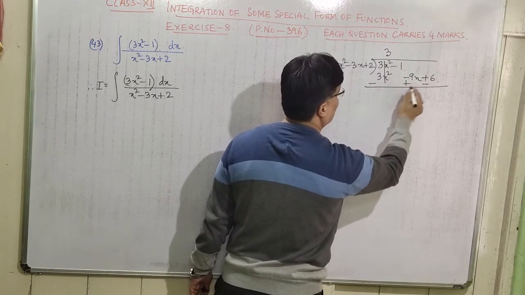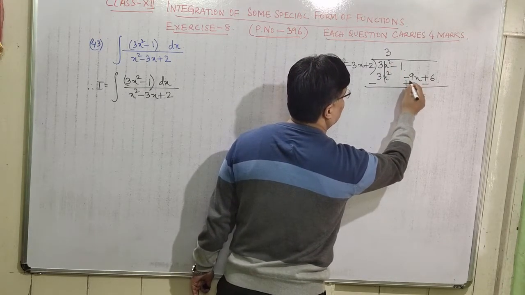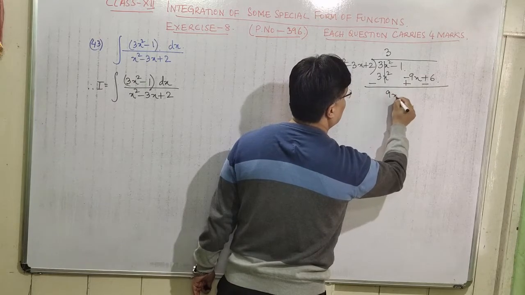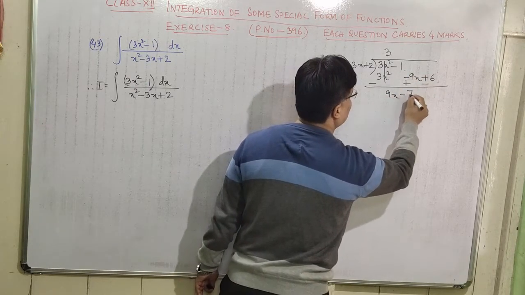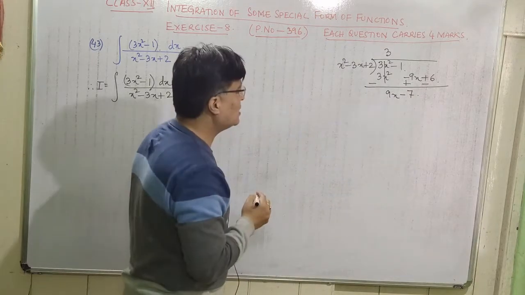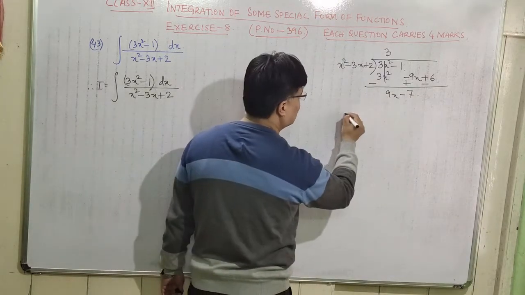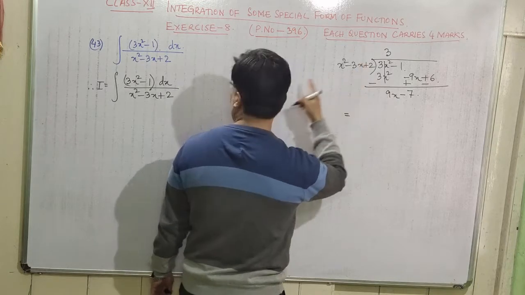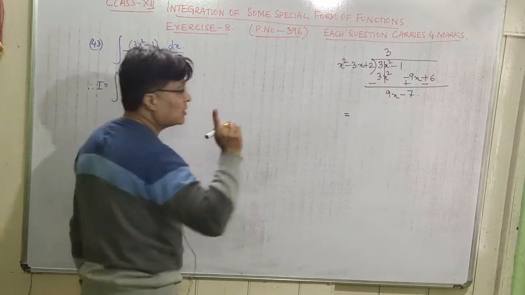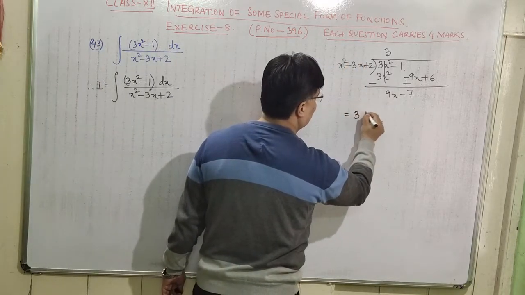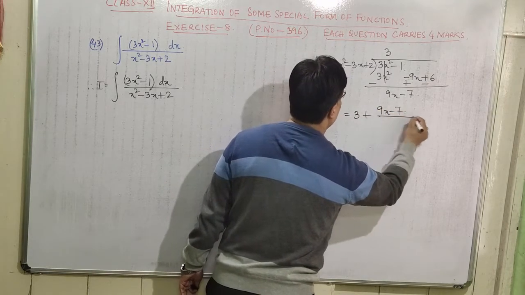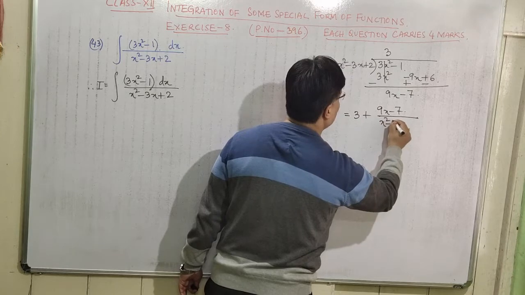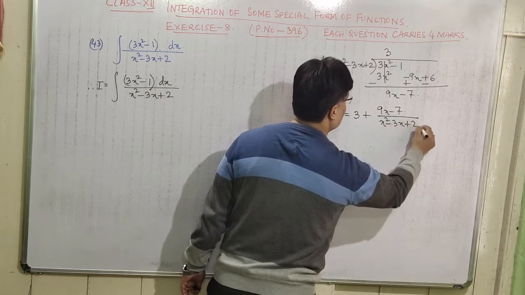This will be cancelled. Now you will get 9x, these are similar terms, minus 6 minus 1 is minus 7. This fraction can be written as quotient plus remainder divided by divisor, that is x square minus 3x plus 2.